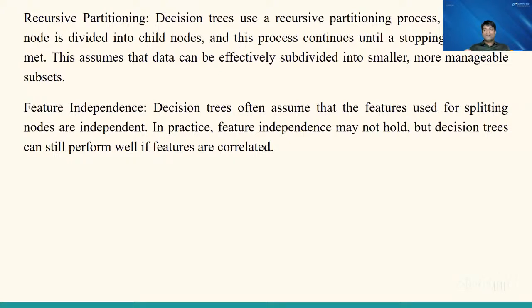That means they should not depend upon each other, and dependence is nothing but correlation, which we already know. So the features or independent variables should not be correlated much. They should have very little correlation among themselves, because if they are independent, the decision can be taken very easily.